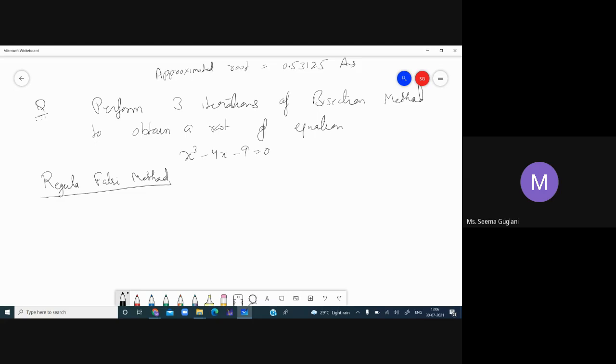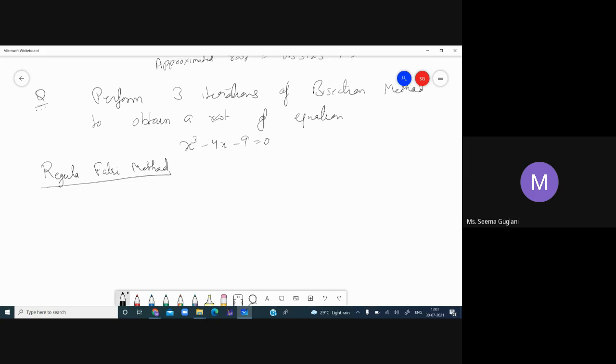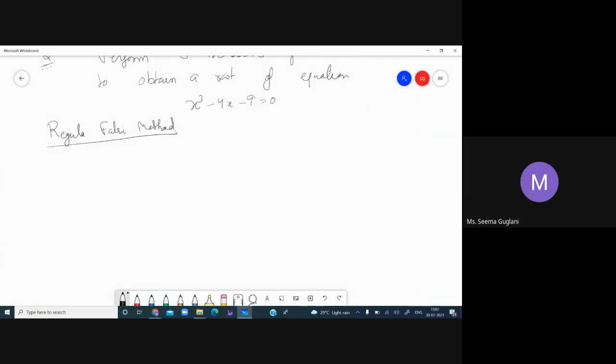It is also one of the enclosure techniques which I told you in the first lecture. What we do in the regular falsi method: suppose this is our graph, and say this is our chord.